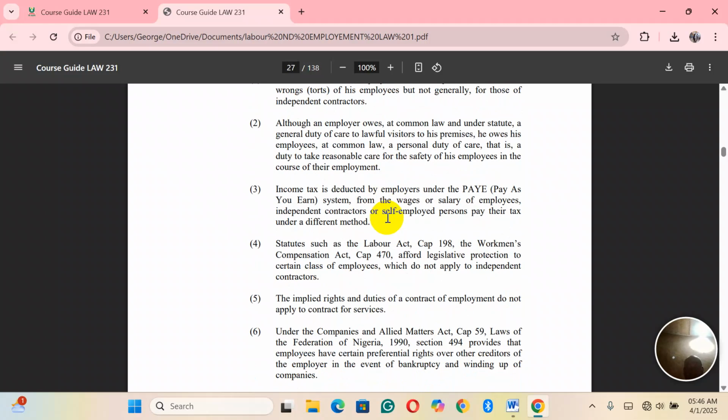Five, the implied rights and duties of a contract of employment do not apply to a contract for services. Then six, under the Companies and Allied Matters Act, Cap 59, Laws of the Federation of Nigeria 1990, Section 494 provides that employees have certain preferential rights over other creditors of the employer in the event of bankruptcy and winding up of the company.